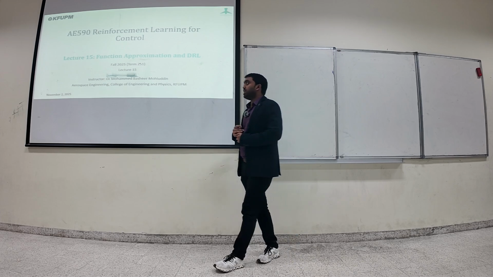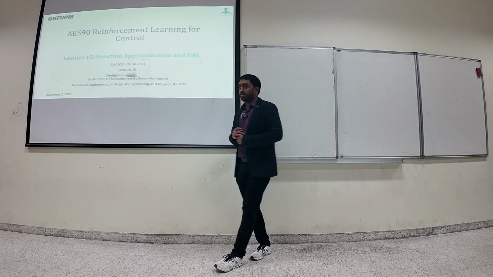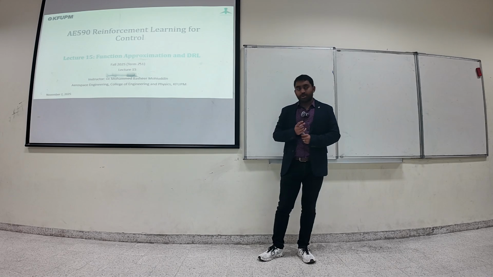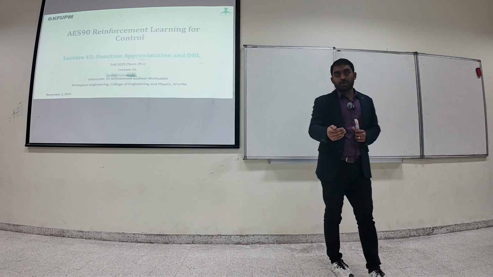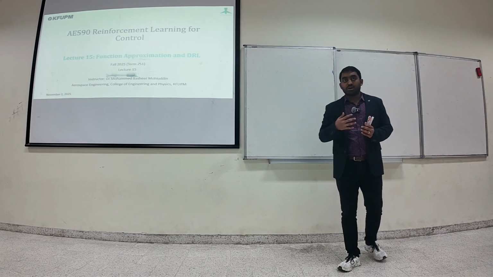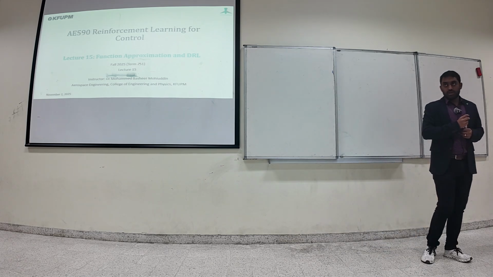What was the main limitation of using reinforcement learning without neural networks or function approximators? Okay, yes, simple problems. As the complexity of the problems increases, RL without neural networks or function approximators might not be able to handle it effectively, right?